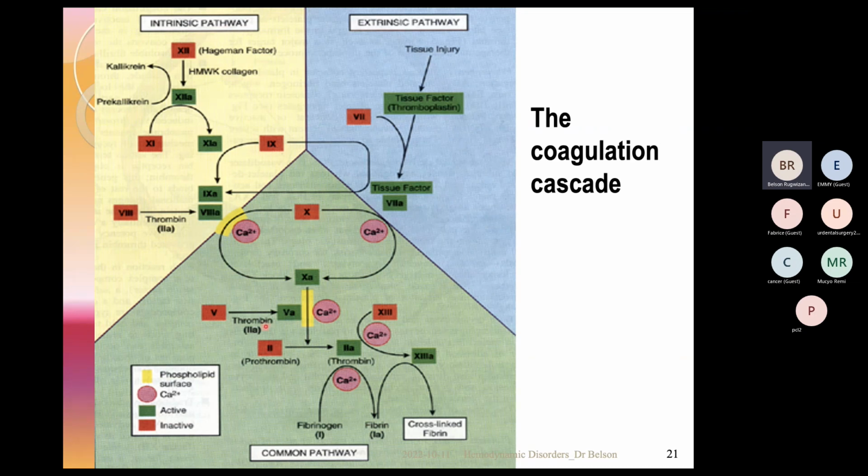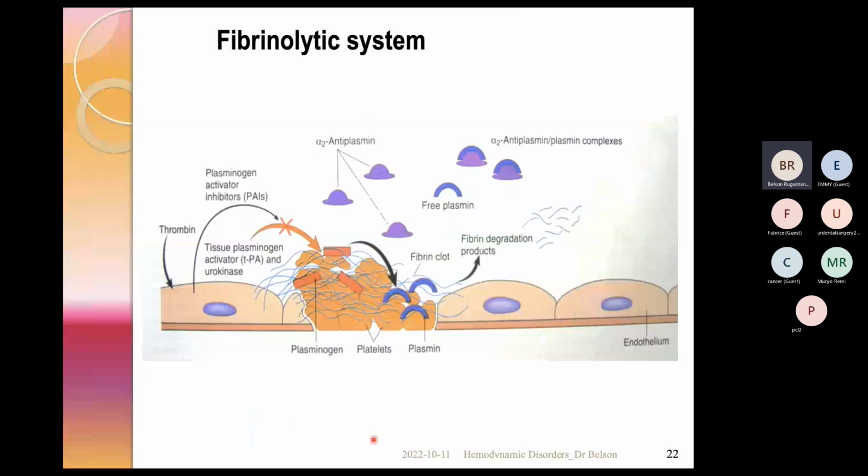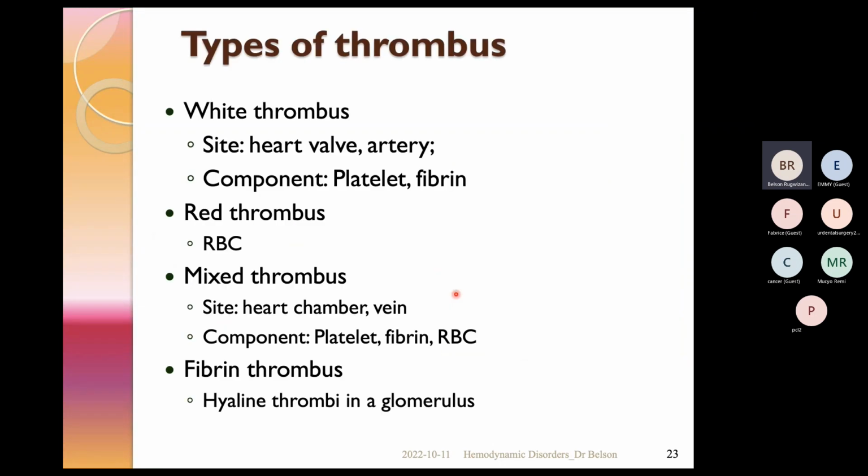There is thrombin, which causes the thrombus to be formed, and then that thrombus will have to be destroyed through another system with plasmin. So the fibrinolytic system, where I have plasmin. This is very helpful in destroying the blood clot.